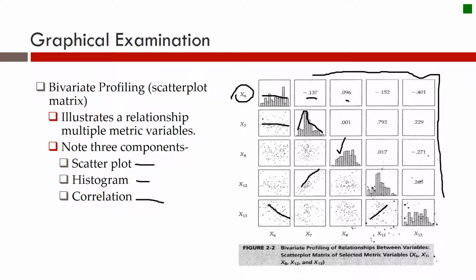We have fairly low correlation here. Here we have a big correlation, and that would be this one, this box here. We have another fairly strong correlation here that's negative, so we've got one going down there. We've got a positive 0.265, so that could be significant going up here.